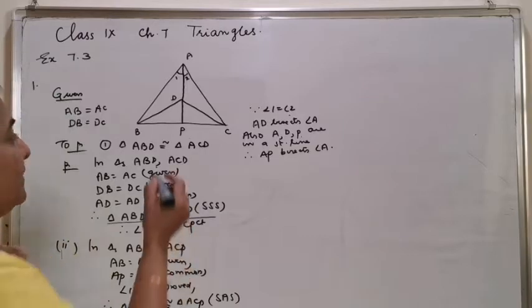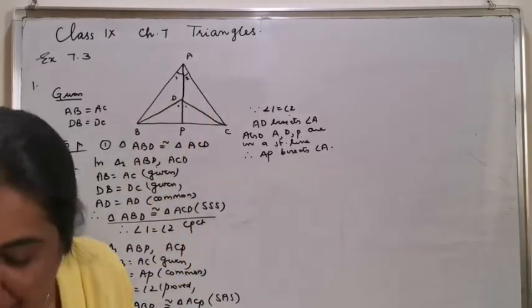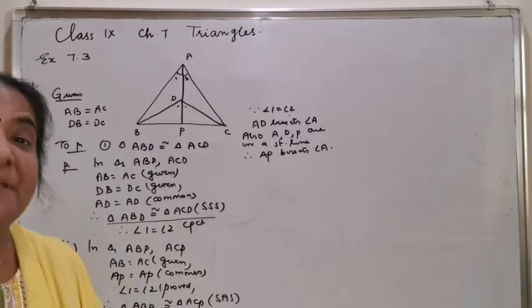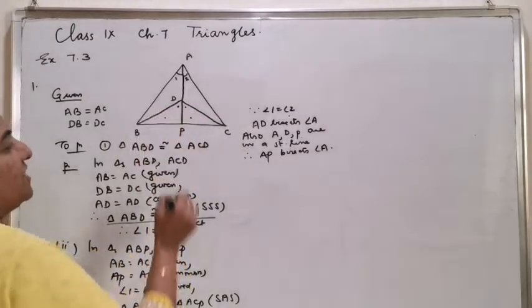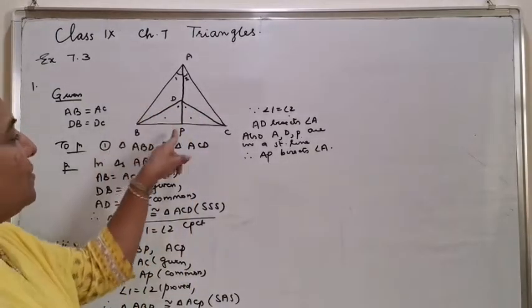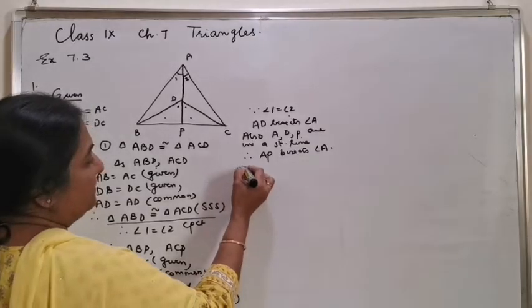Now we have to prove that it is also bisecting angle D. We have to prove that AP bisects angle D. For that, prove triangle DPC congruent to triangle DPB. Now, the third part.